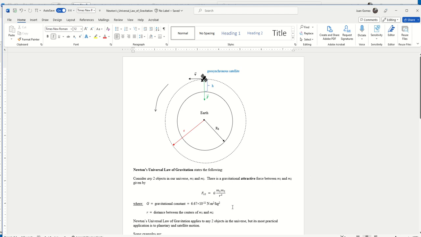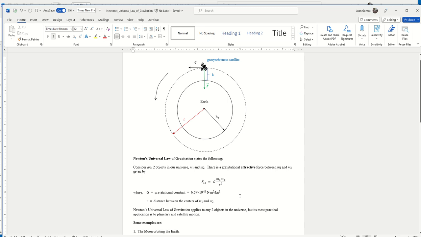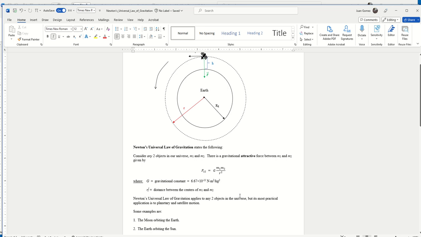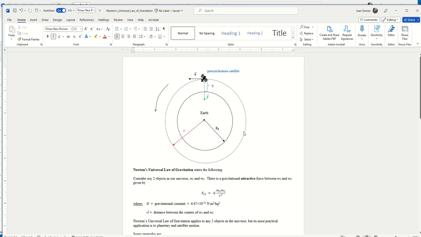Newton's universal law of gravitation states that for any two masses, for example, in this case, the satellite would be m1, and the Earth would be m2, the force between those two objects is given by G m1 m2 divided by r squared, where G is what's called the gravitational constant.